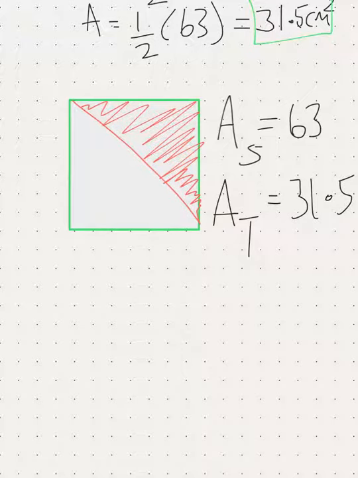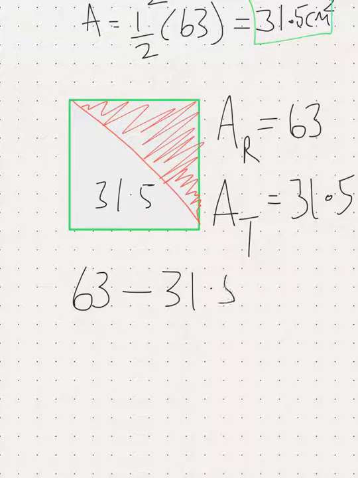So I'm not interested in the area of the rectangle. I only want to know the area of the triangle. Well, I know that this area is 31.5 and the entire rectangle has an area of 63. So if I say 63 take away 31.5 should leave me with the area of red.